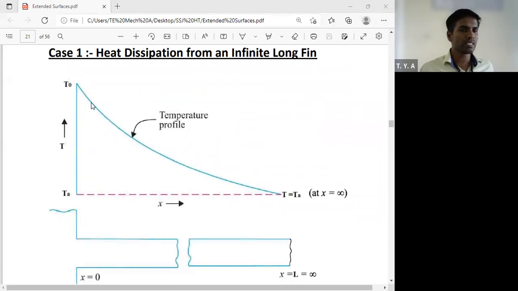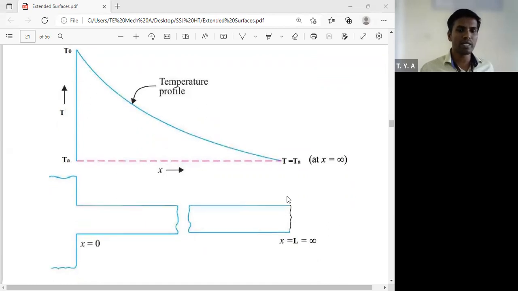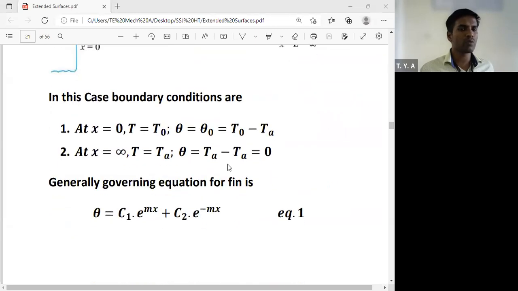Temperature continuously reduces and at the end the temperature will reach the environment temperature or surrounding temperature. According to that we have written the second boundary condition. This first boundary condition is the same for all 3 cases. The first boundary condition is the same for all three cases, and according to the case we have considered, we write the second boundary condition.